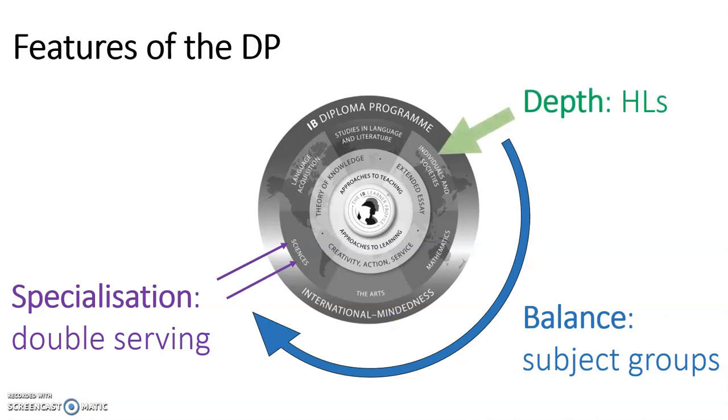And thirdly, we have depth as well, because out of the 6 courses that you're going to choose, 3 of them need to be at higher level. So you're studying them in more depth. So we have balance across the different subject groups. We have specialization in choosing 2 subjects from some of the groups. And we have depth where you're studying your higher level courses and you're choosing what would be the best place to study those high level courses, which groups to choose.